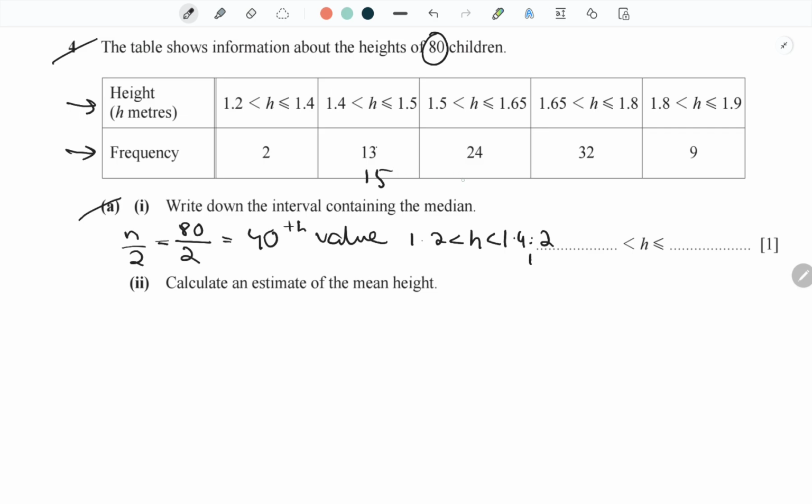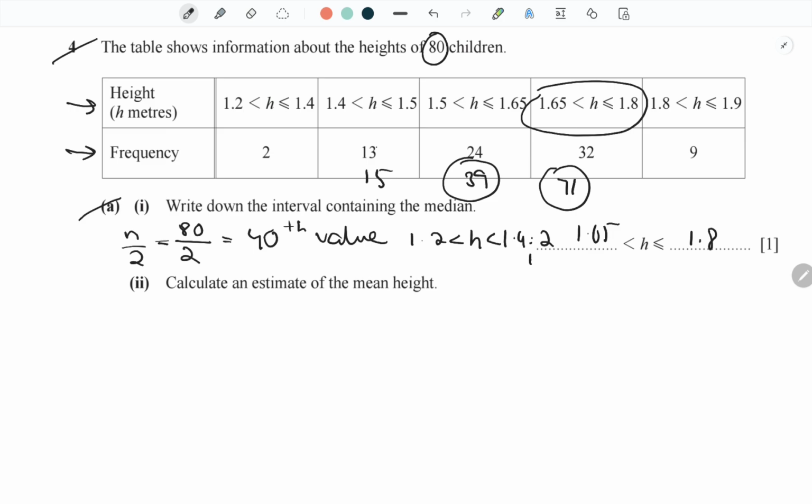Then 15 plus 24, we have 39, then 39 plus 32, we have 71. The value we want is the 40th value. 39 is less than 40, so the 40th value is located between 39 and 71. So we write 1.65 to 1.8, this is the answer.